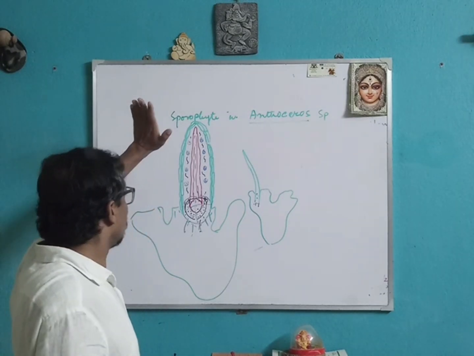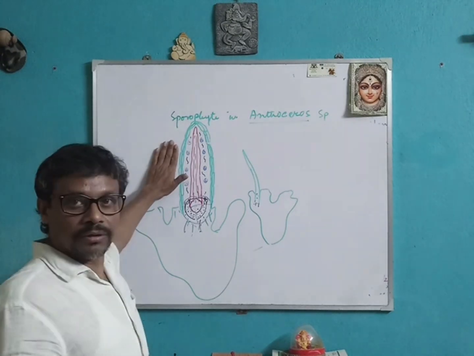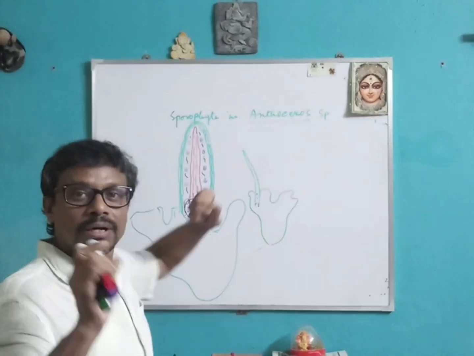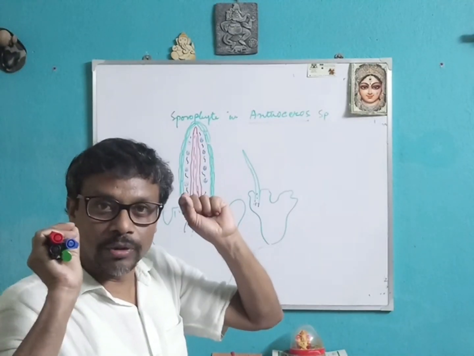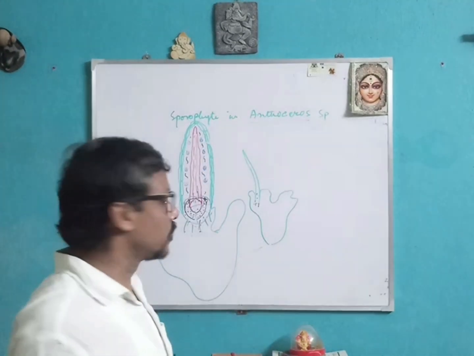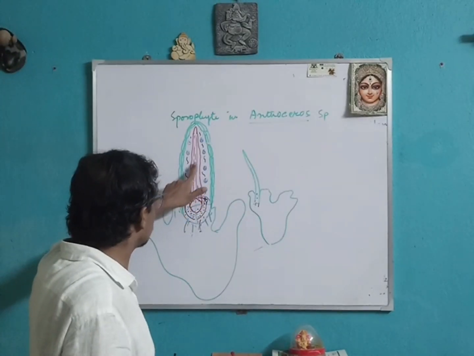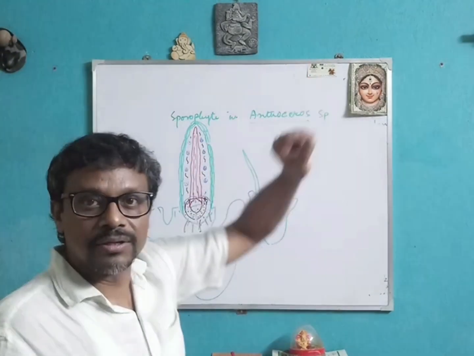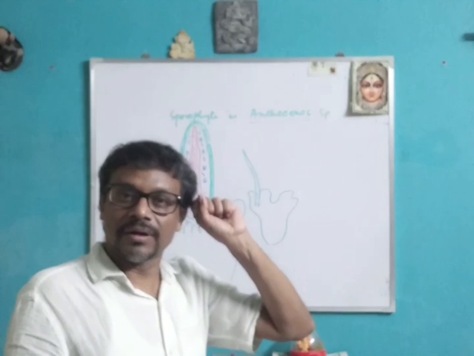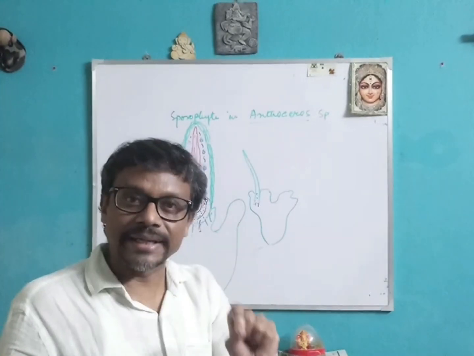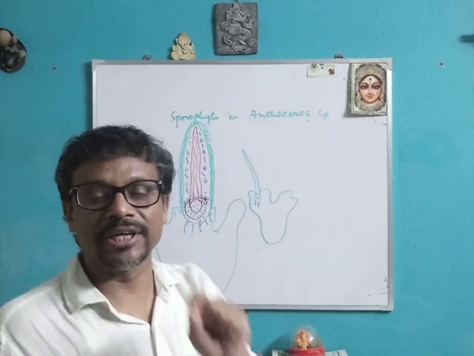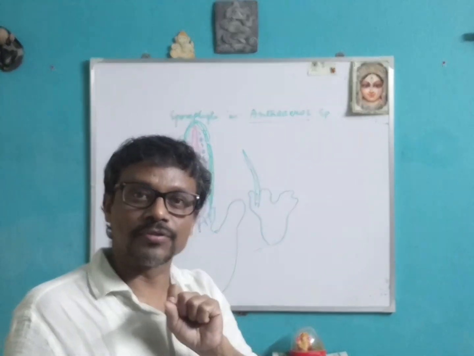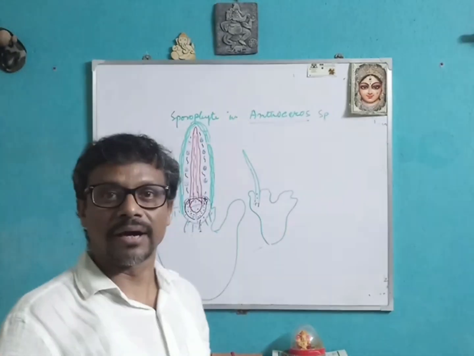Sir, one of the major features of Anthoceros, which indicates its advancement, is the presence of certain cells in the columella which resemble the tracheary element, the trachea component of xylem. That gives an idea.